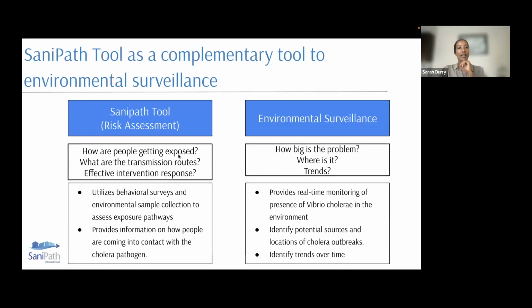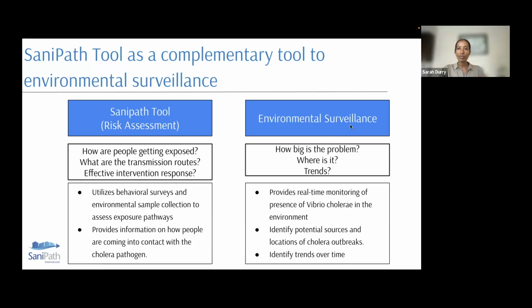So here on this slide, I wanted to talk a little bit about the SaniPath tool and how it differs from what we might know as environmental surveillance, especially in the context of looking for cholera in the environment. So when we think of the SaniPath tool, we're really thinking of it as a risk assessment tool. So this helps us understand really how are people getting exposed, what are the transmission routes, and what are effective interventions to respond to it.